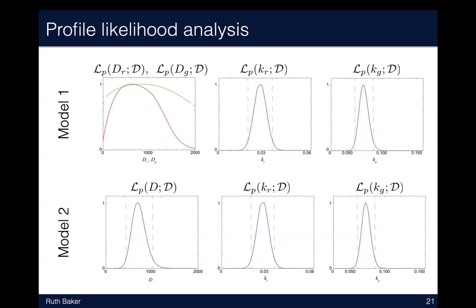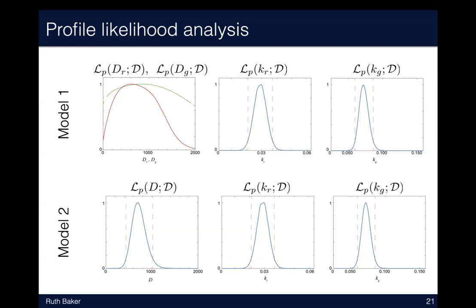And what you can see is that in this direction, the likelihood is nicely peaked around a particular value of K. Again, we can use the concept of confidence intervals to put down a 95% confidence set for this parameter. If I look at the difference between model 1 and model 2, all the same results are still there. We can estimate both of these rate parameters really confidently. The profile likelihoods are really nicely peaked, and we've got finite confidence intervals.